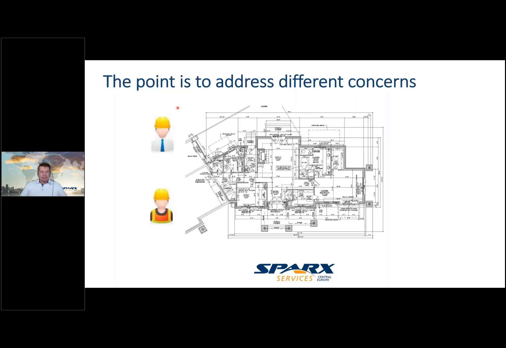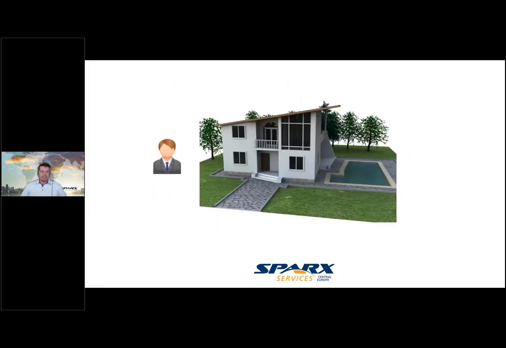The trouble is that this engineering drawing is intended to be read by these two guys, such as the construction manager or the builder himself. The customer, like myself, the house buyer, is confused. He or she wants to see something tangible, something coming out of his or her world, so he or she can imagine how the final product will look.